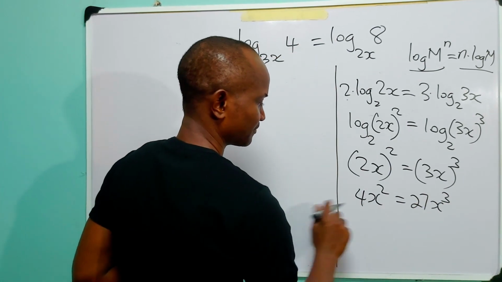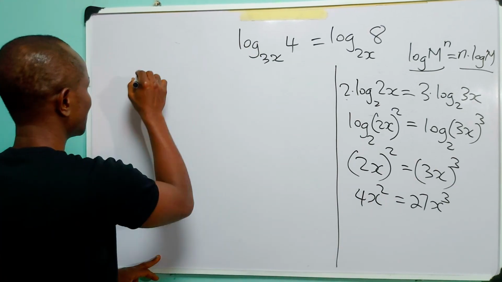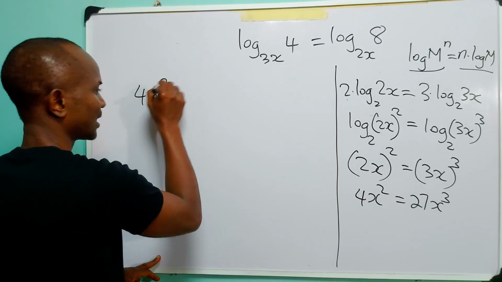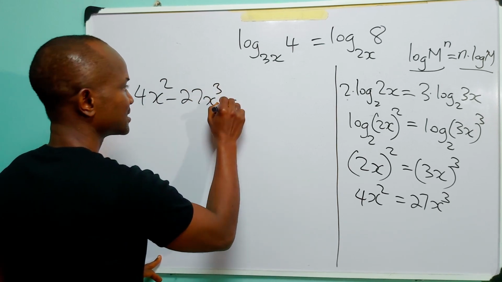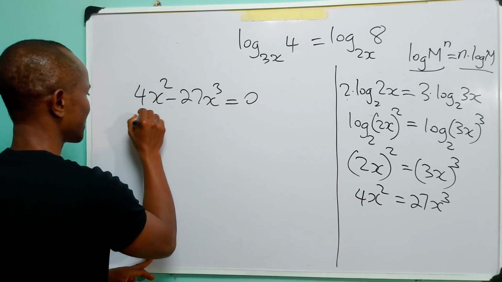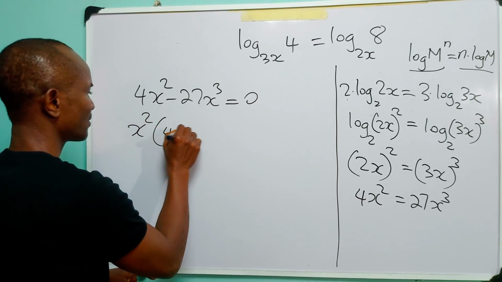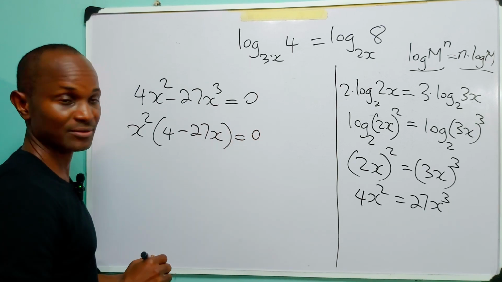Now, from here, bringing all the terms over to the left-hand side, we have that 4x squared minus 27x cubed is equal to 0. We can factorize x squared out to give us 4 minus 27x is equal to 0.